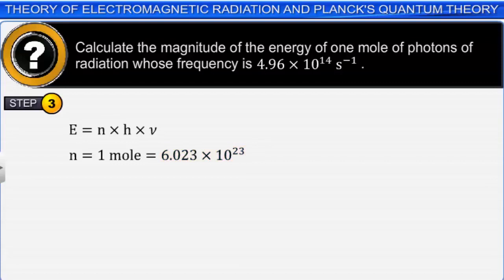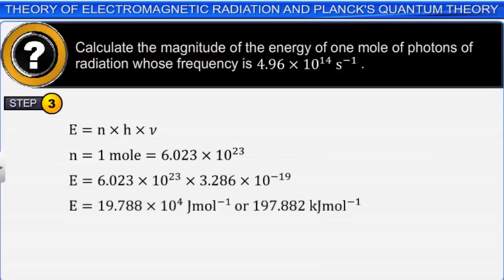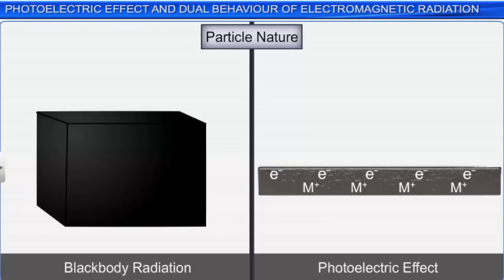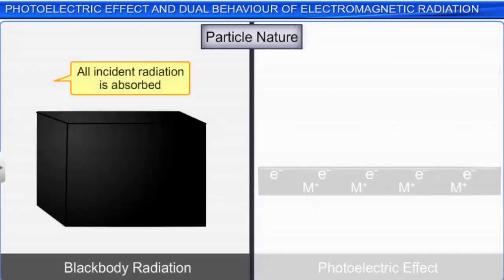On substituting the values of N, h, nu in the equation and solving, we finally get E equals 19.788 × 10^4 joule per mole, or 197.882 kilojoule per mole.